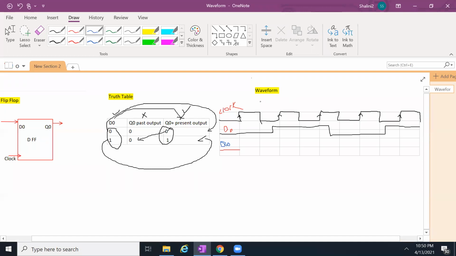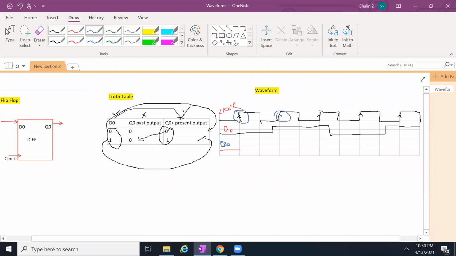I already drew the waveform of the clock and the D0 input. This D flip flop works with respect to the positive edge of the clock, so I marked it here.